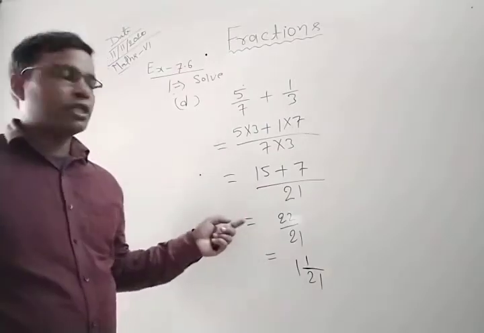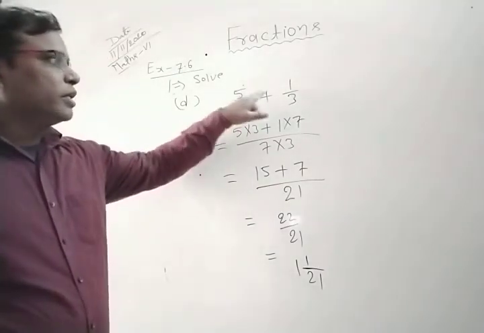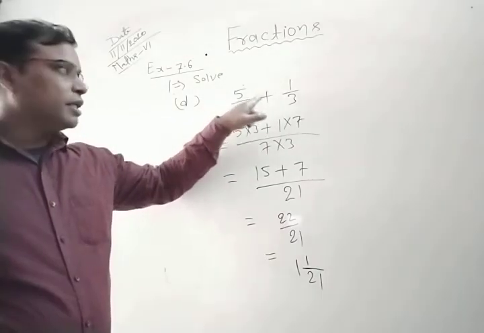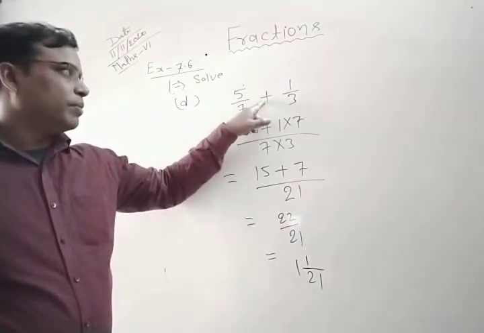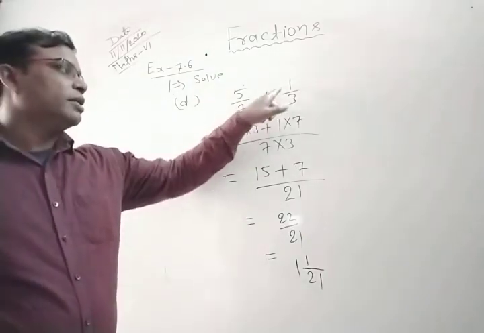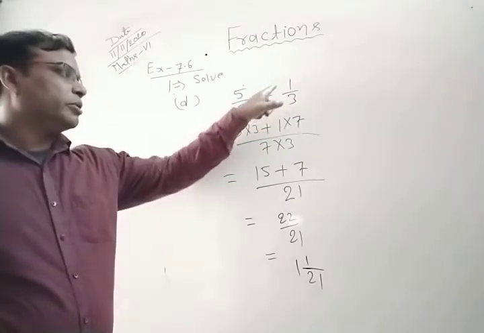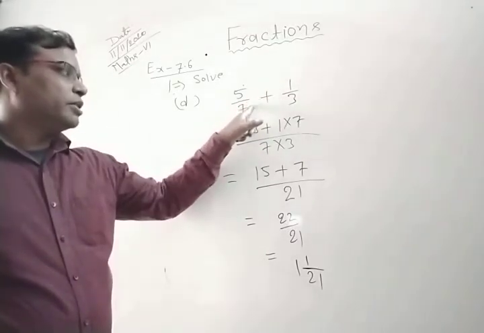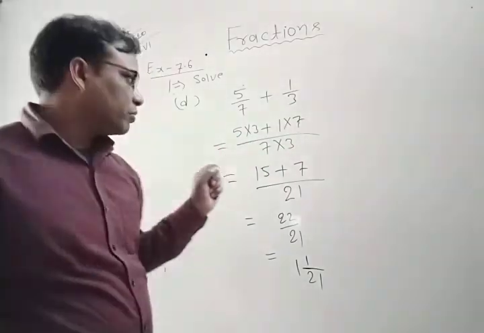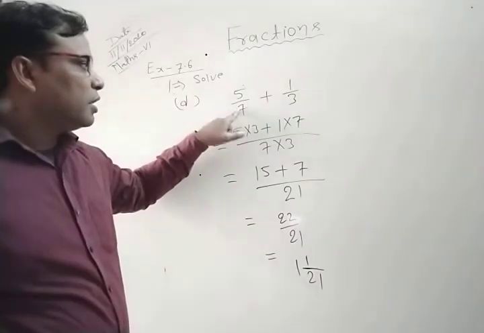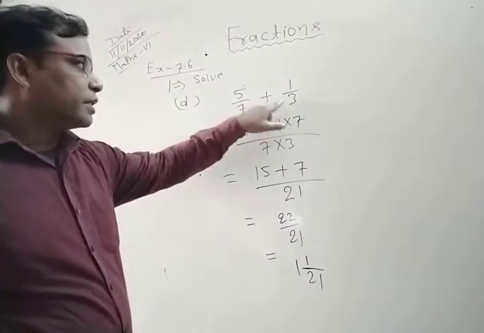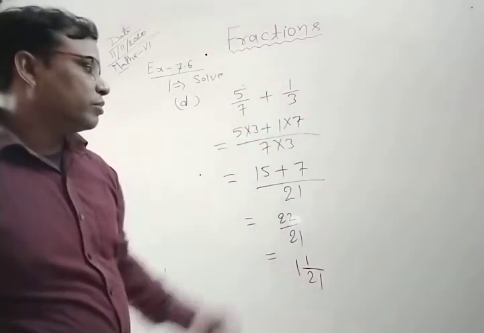So here you can see you solve it directly. First you multiply the first numerator by the second denominator. The first numerator is 5, the second denominator is 3, so 5 into 3, plus the first denominator times the second numerator. The second numerator is 1 and the first denominator is 7, so 1 into 7, divided by the product of both denominators, 7 into 3.